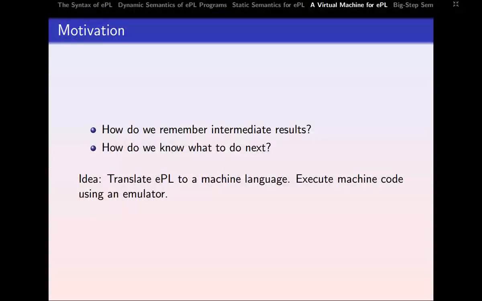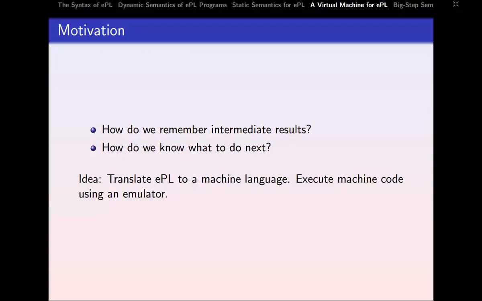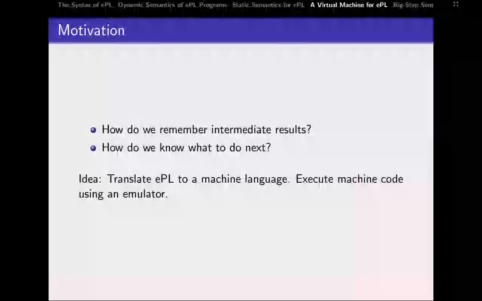The simplest kind of virtual machine is the stack machine. The stack machine has a program with a program counter that moves from instruction to instruction, executing the instructions in sequence. For the time being, we're not going to use jump instructions or anything, so the program is linear, and the only memory is a stack, and we only have access to the top of the stack.